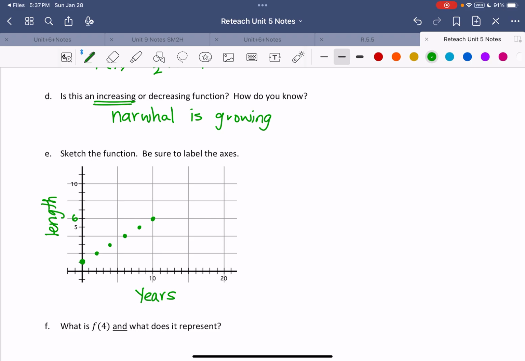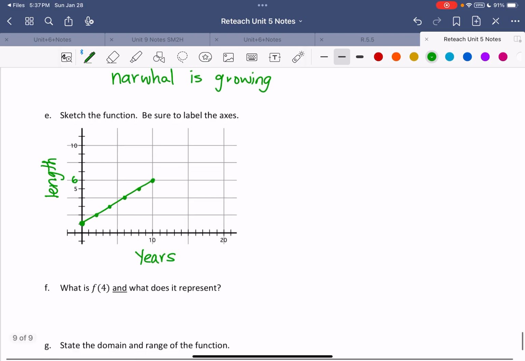So it said that the narwhal is 6 meters when it's full grown. So we can stop right there. Okay, this is continuous because that narwhal is continuing to grow every year. So that's what our graph would look like.